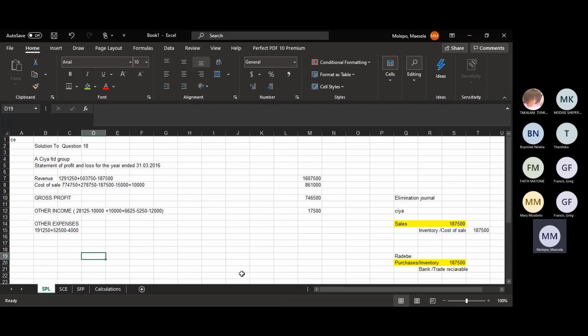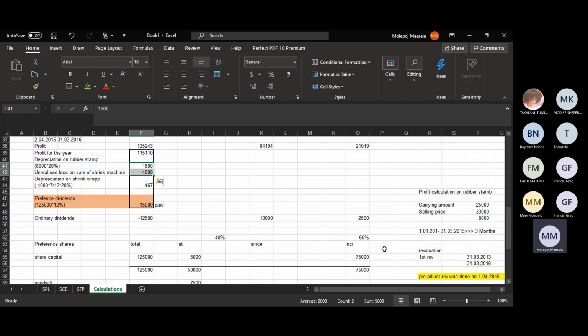When you draft the consolidated, you record them straight, but when you draft the statement of an individual, you do the inverse. So please note that. Here it is going to be recorded as a loss of 4,000. And then the 1,600 is the depreciation, it's an expense. So we record the minus 1,600 as a depreciation.